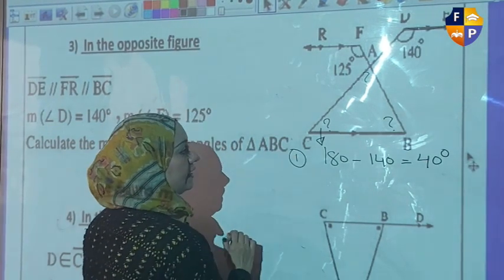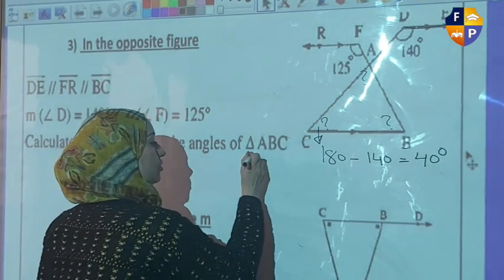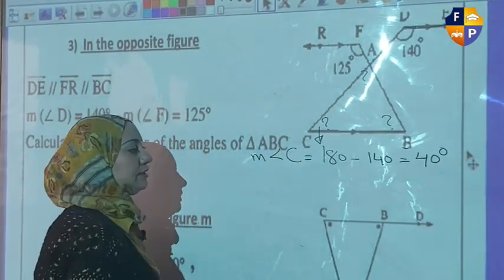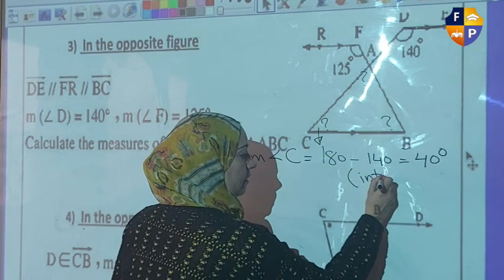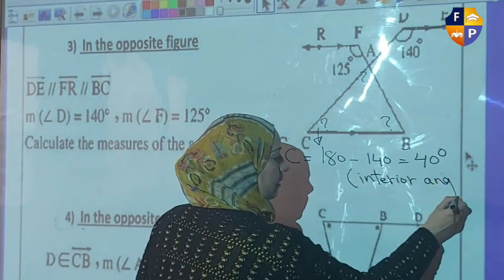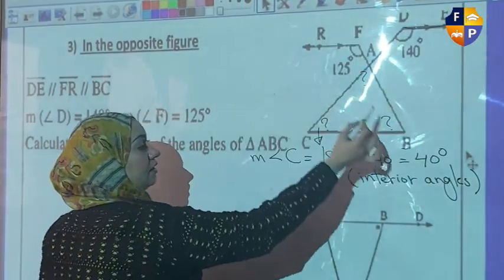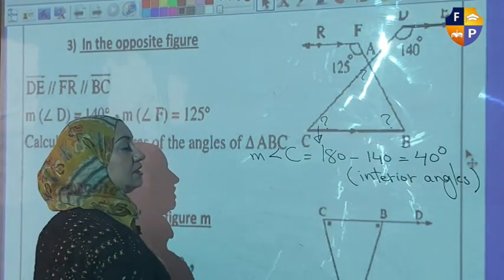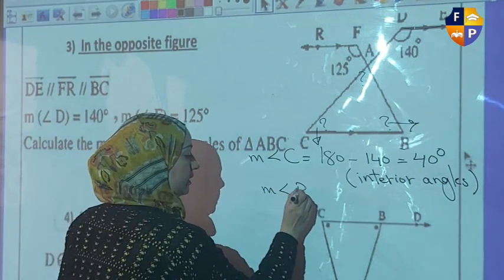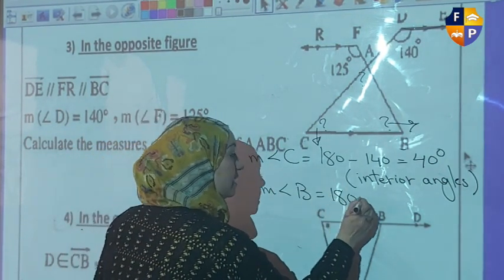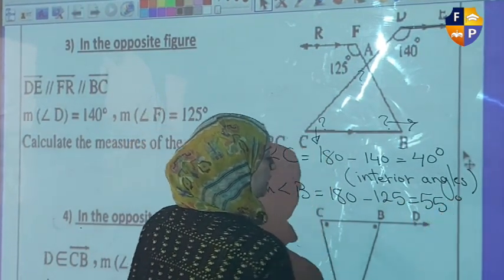Number 1, measure angle C equals 180 minus 140 equals 40 degrees. Interior angles, and FR is parallel with BC. Then measure angle B equals 180 minus 125 equals 55 degrees.